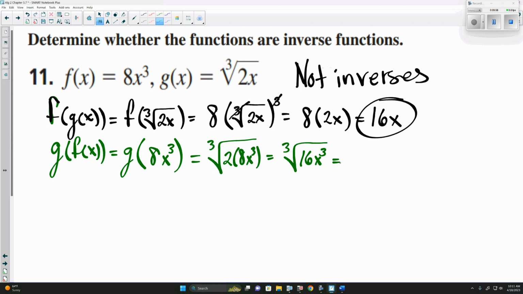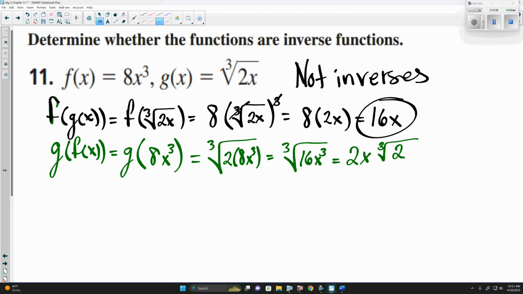Now, we can't necessarily take the cubed root of 16 as it is, because there's not a number multiplied 3 times by itself that will give us 16. But 2 multiplied by itself 3 times will give us 8. So we can bring that 2 out. We can also bring the x out because we can take the cubed root of x to the third, but that does leave us with the cubed root of 2. Just remember back doing cubed roots with numbers that aren't perfect cubes or perfect nth powers, we have to do the factor tree.